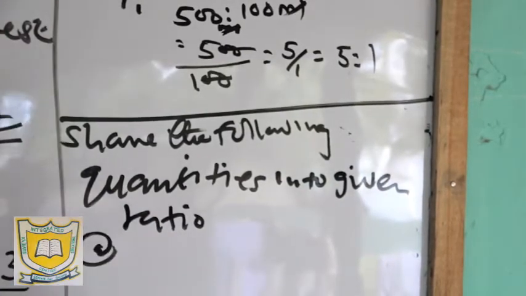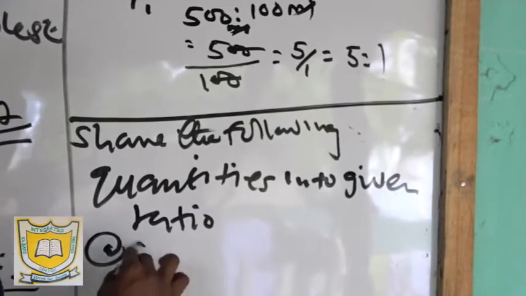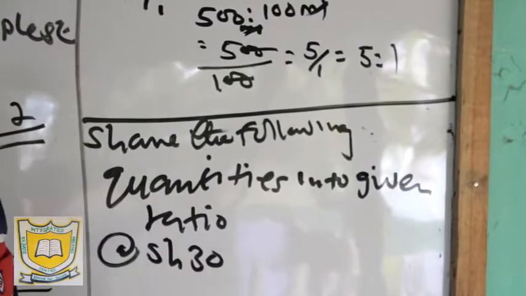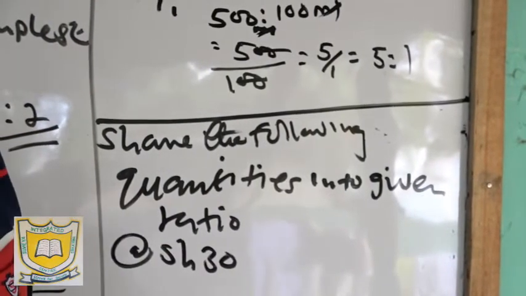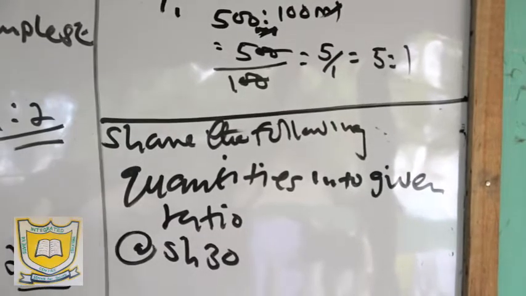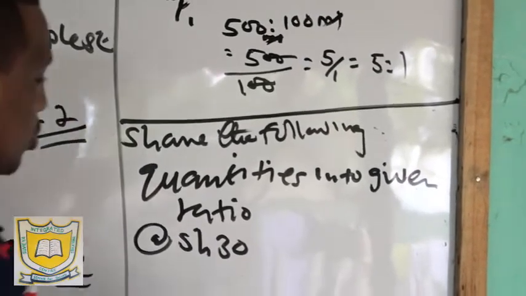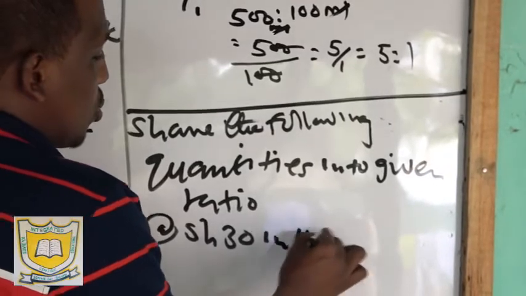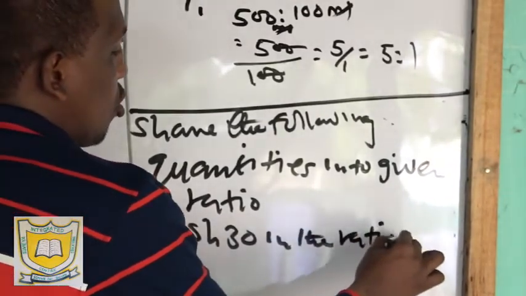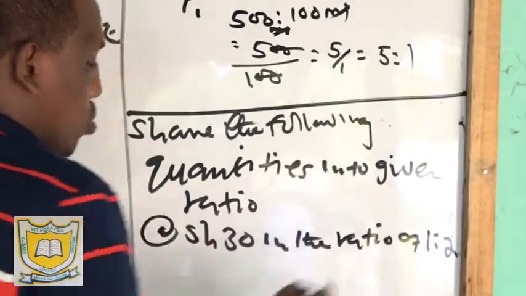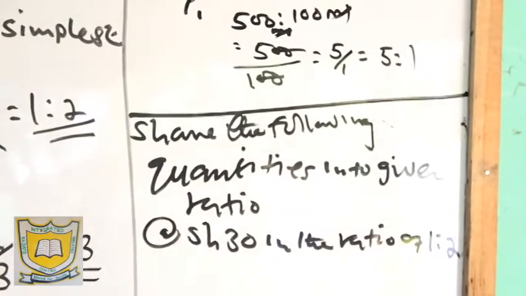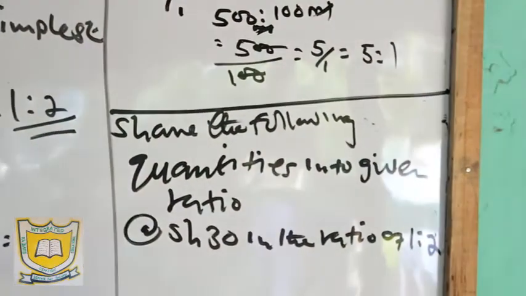A, they said shillings 30 in the ratio of 1 to 2. Let us share this one now.